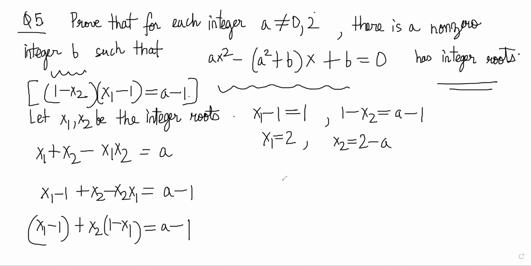So in this case the product of the roots, 2 into 2 minus a, is equal to b by a. So we get b is equal to 2a into 2 minus a in this case.